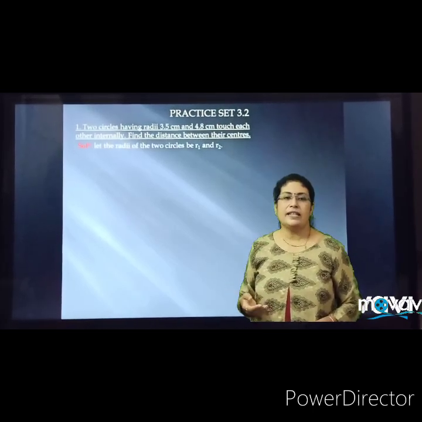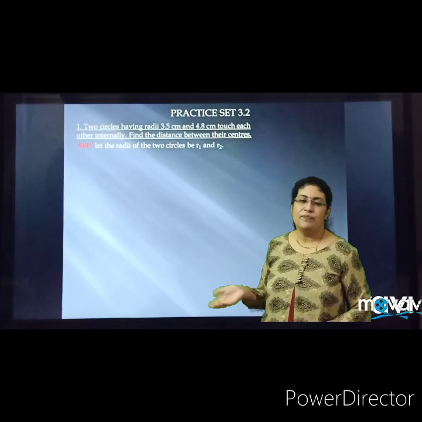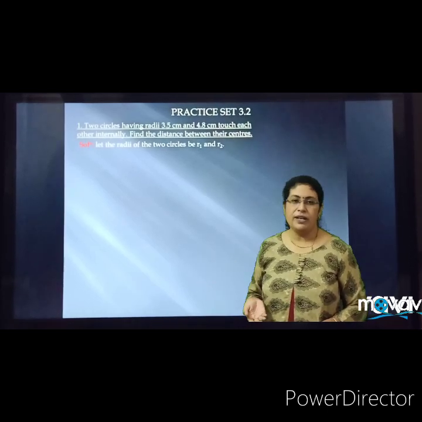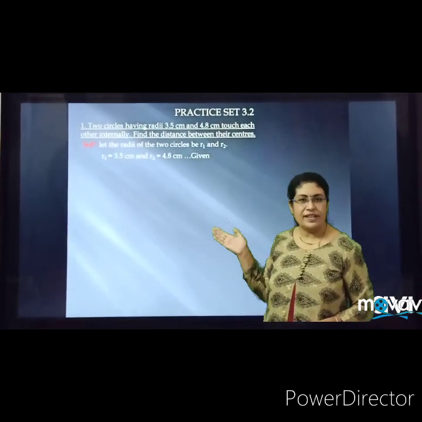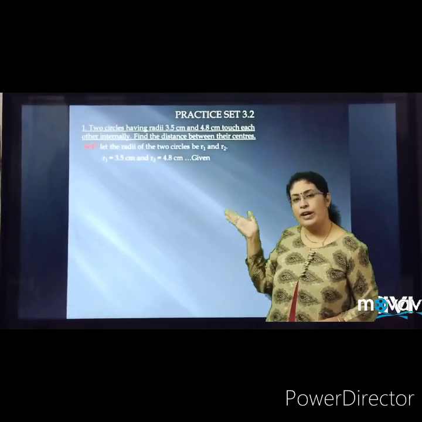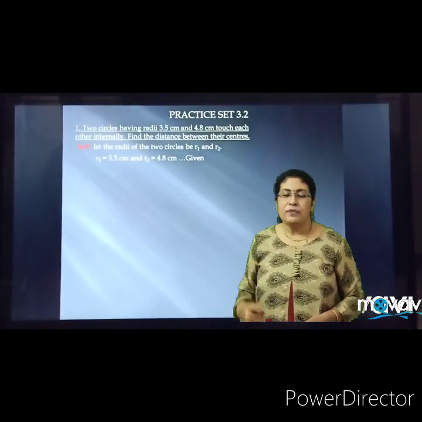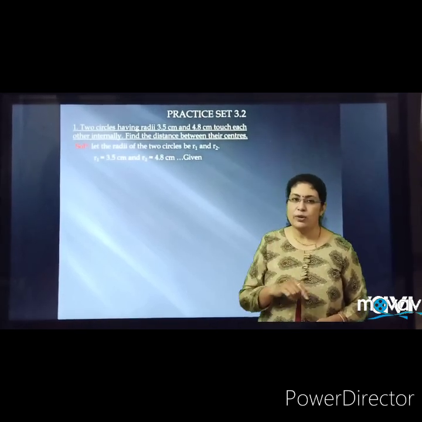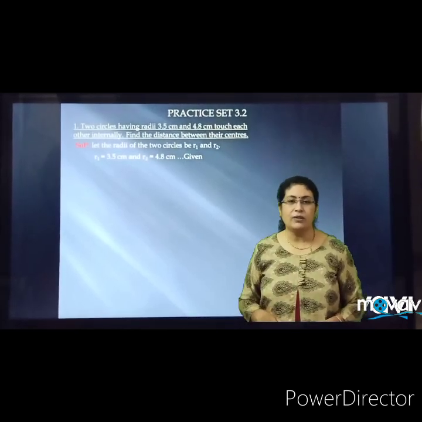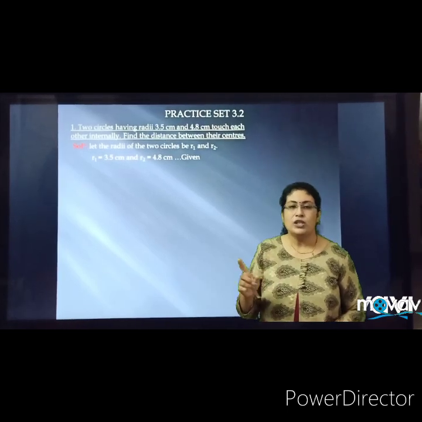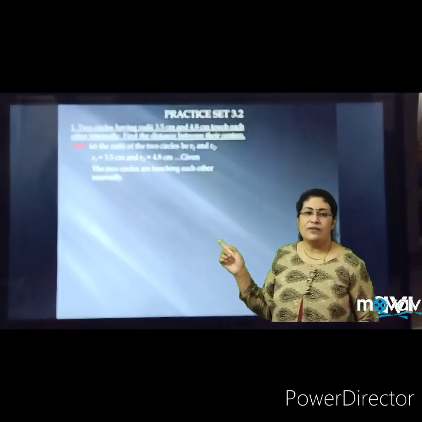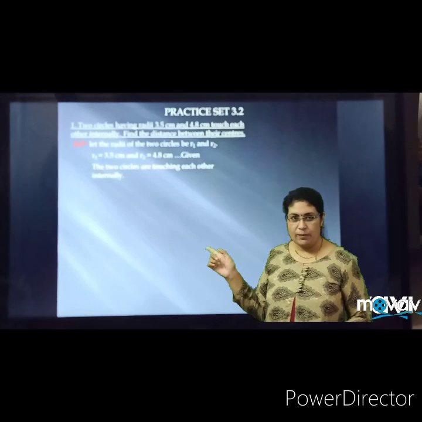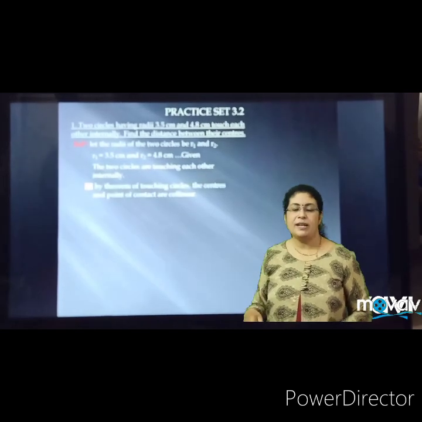First let us consider the radii of these circles as R1 and R2 respectively, where R1 is 3.5 cm and R2 is 4.8 cm. The circles are touching internally, but according to the first theorem we have studied, the points are collinear, so you have to mention first that these points are collinear. I have mentioned that in my solution.